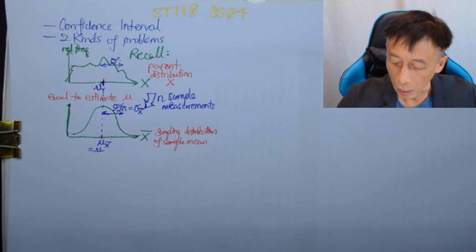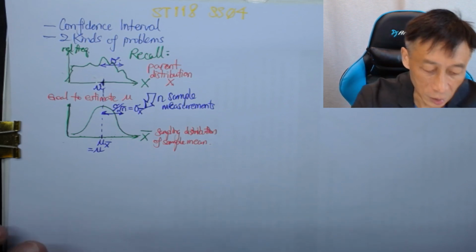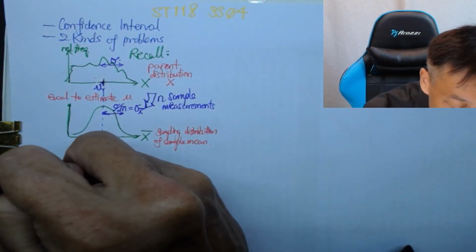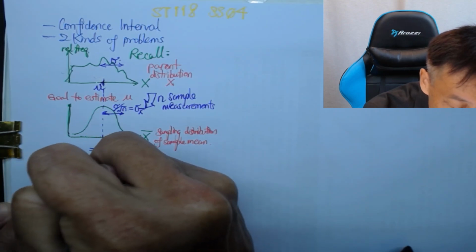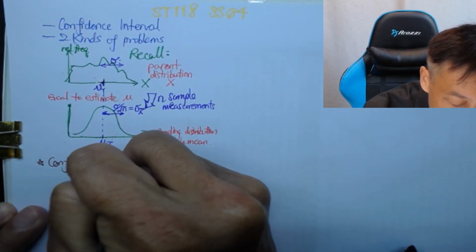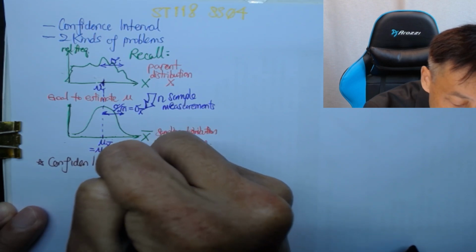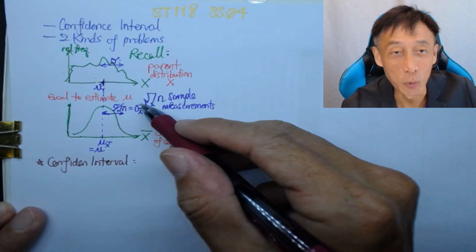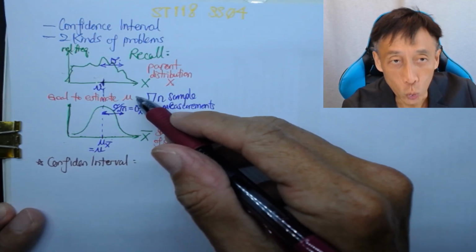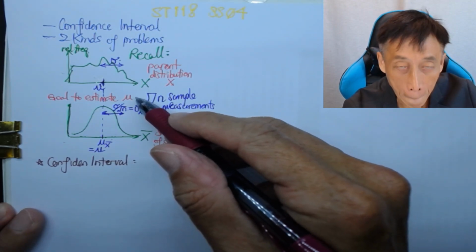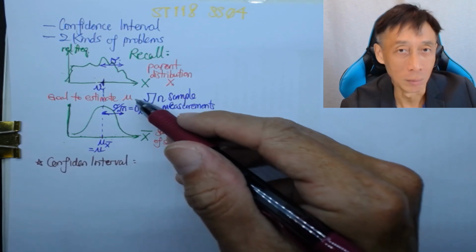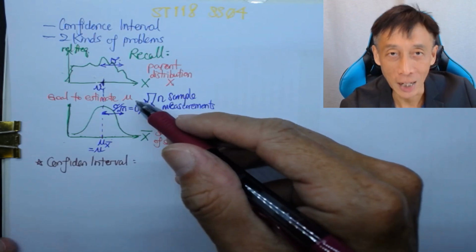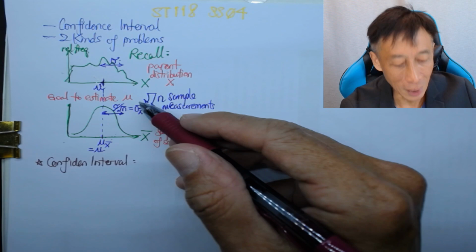Okay, so now comes the confidence interval. So what's so special about confidence interval? First of all, the goal is to estimate mu. So it's one instrument to estimate mu, and to do that, any instrument, any statistical theory and tool must start with sampling.